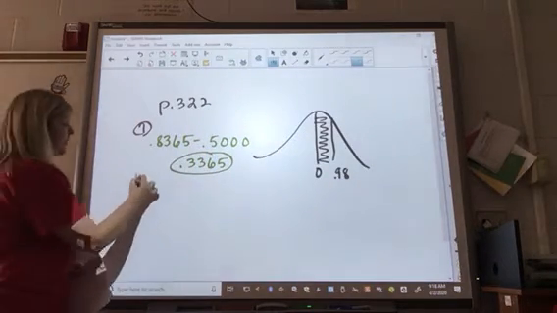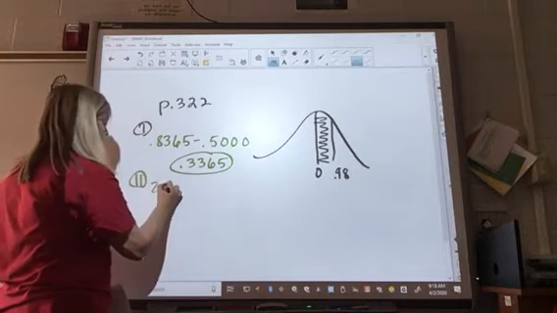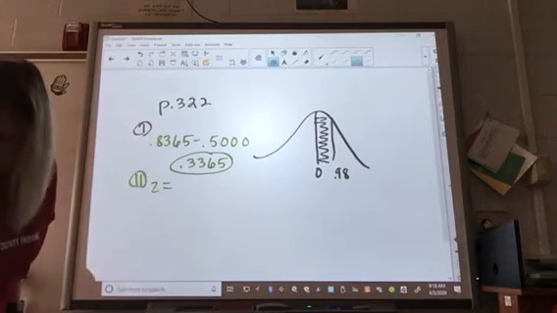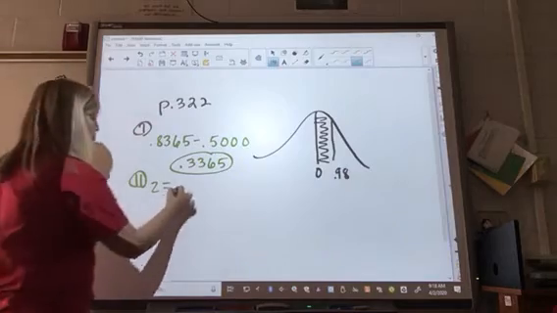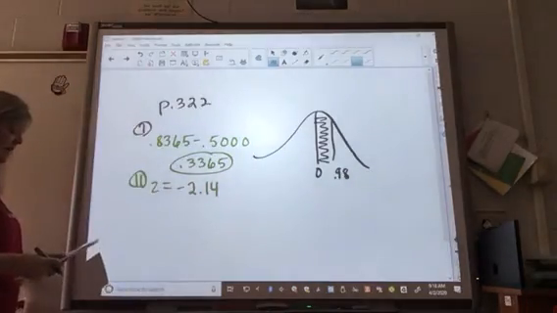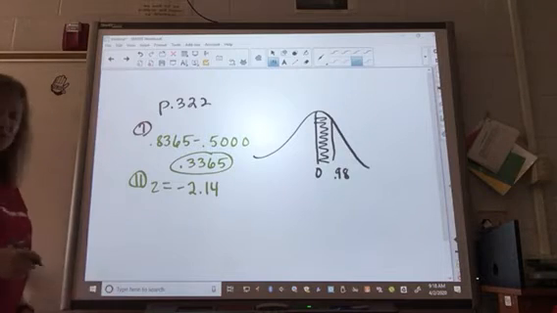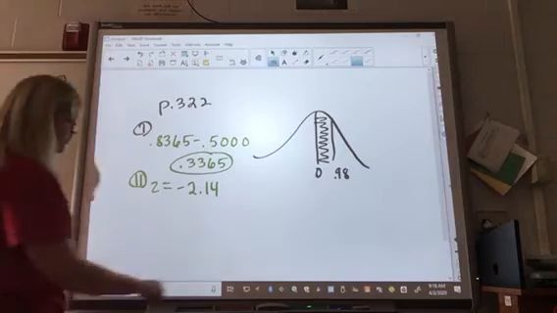Okay, let's go to 11. 11 says to the right of this z-score, negative 2.14. All right, the negatives are on the opposite side. So I would flip over. Oh, I'm sorry, that's 0.29.